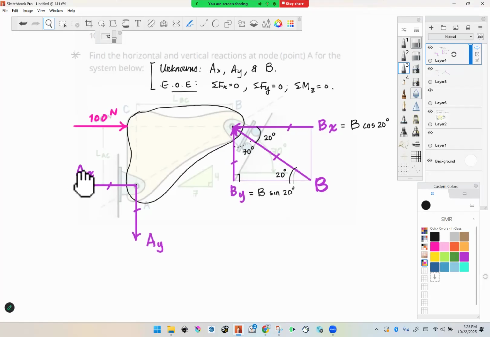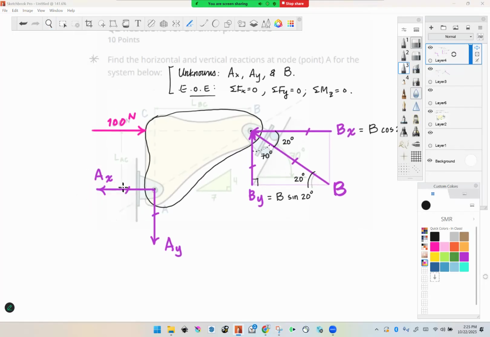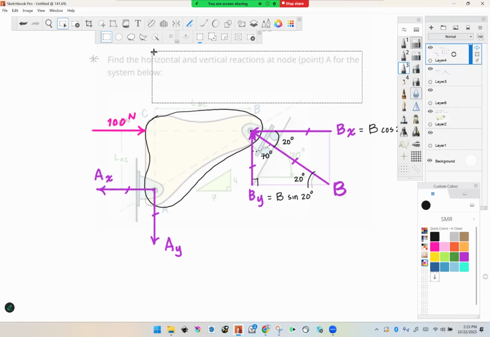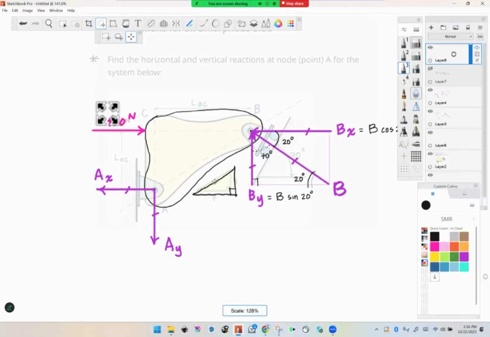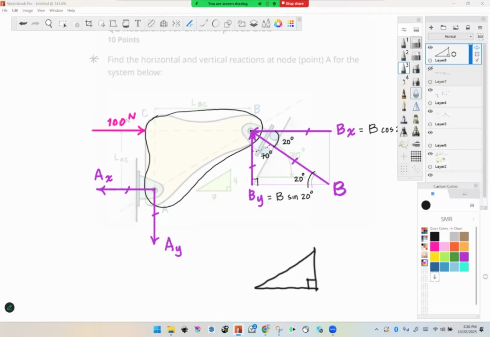All right, the other thing about this problem that's kind of interesting is that I didn't give you any specific lengths. So I have a certain length LBC up here. It's not given. I have a certain length LAC, but I do give you a triangle like this. And that triangle has ratios of 4 to 7.